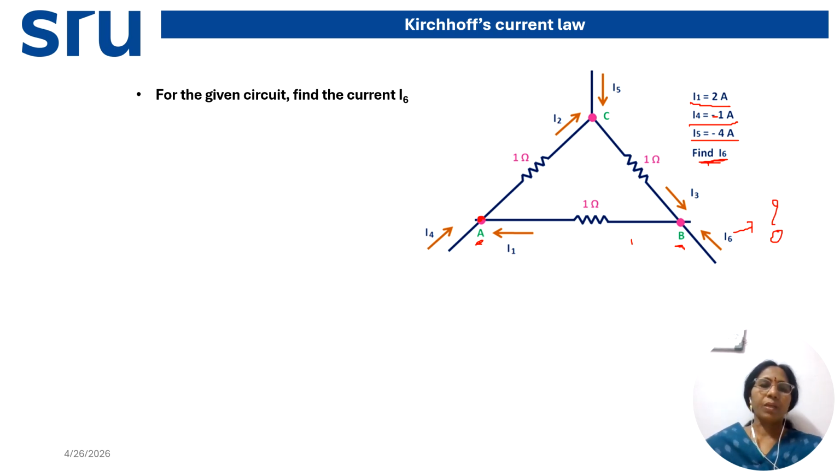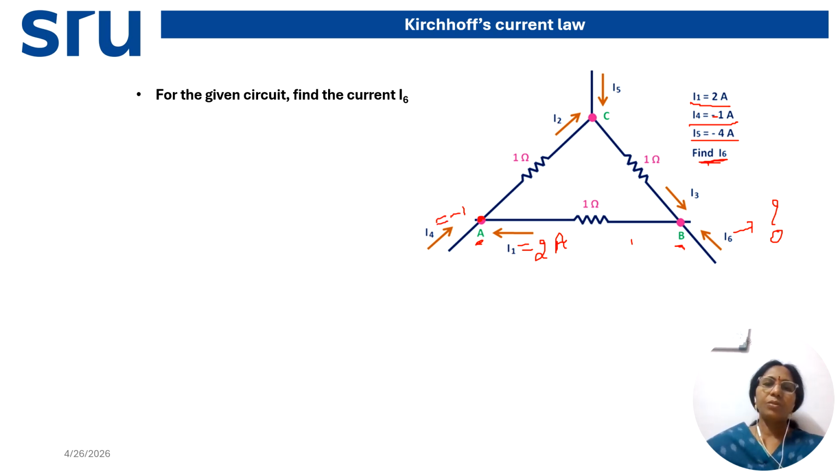Clear? Okay. Now see, this I1 current is given as 2 ampere. This is 2 ampere current and I4 is minus 1. Look at this, here I am taking minus 1. Okay.